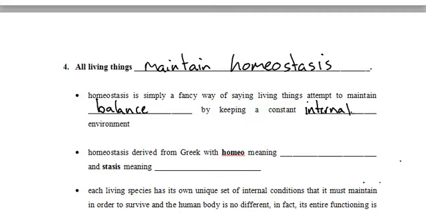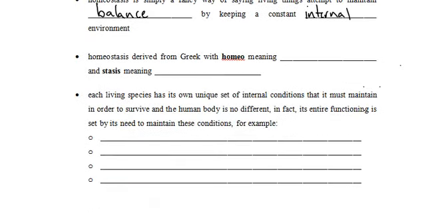So they don't want their internal conditions to shift too much one way or the other. Homeostasis is derived from Greek, with homeo meaning same, and stasis meaning stable. So it's actually quite a redundant word. It wants to maintain things the same and stable.